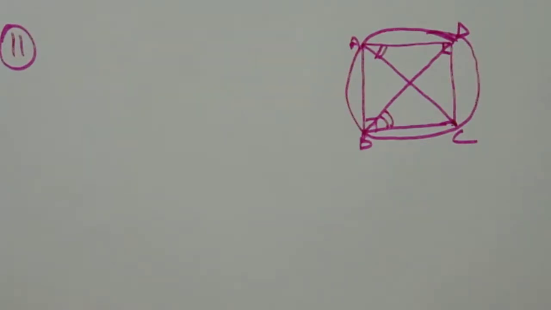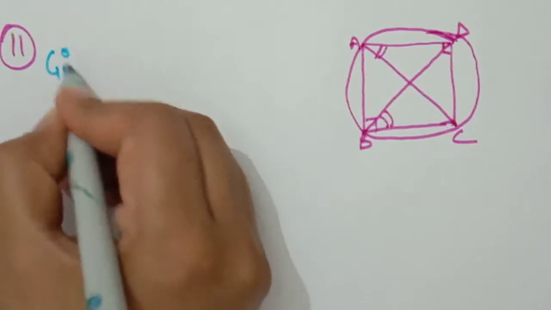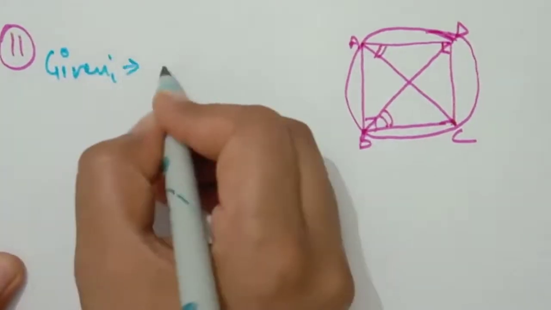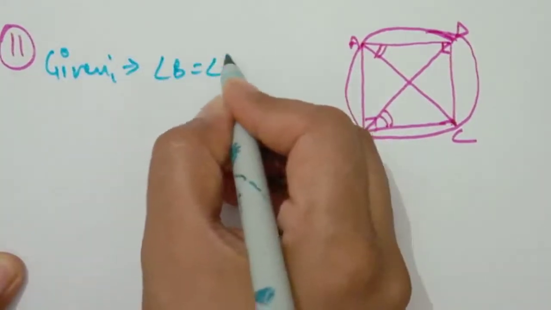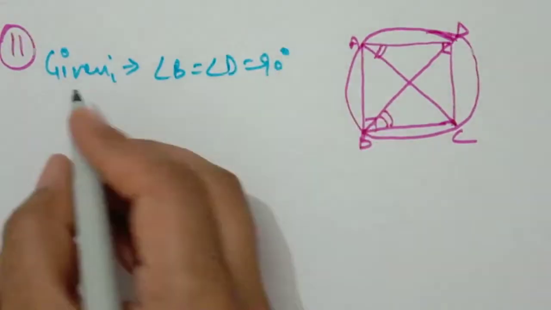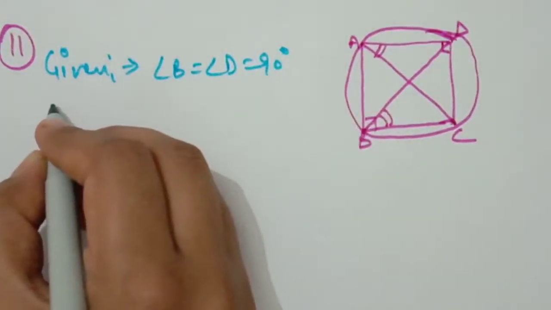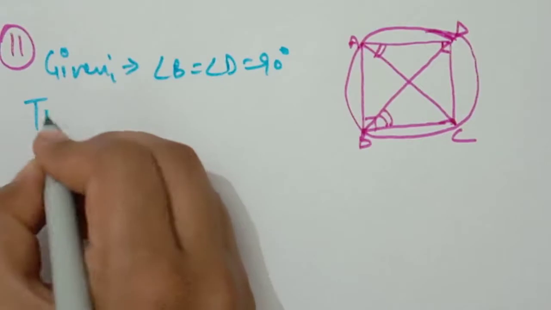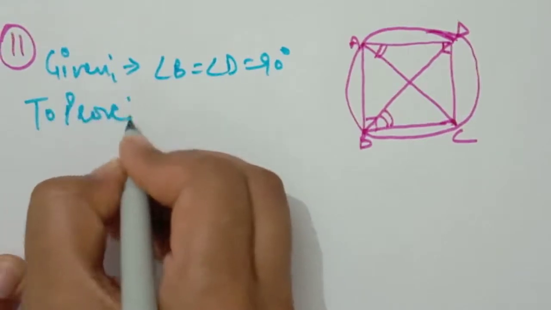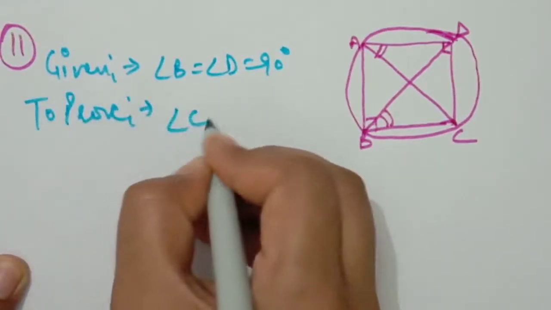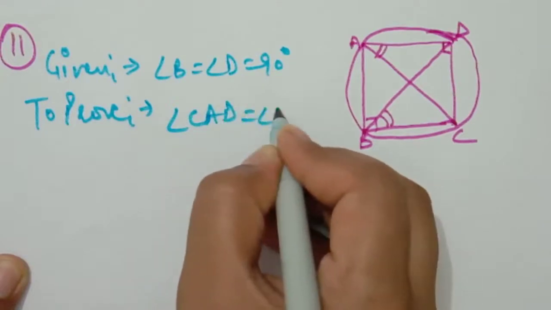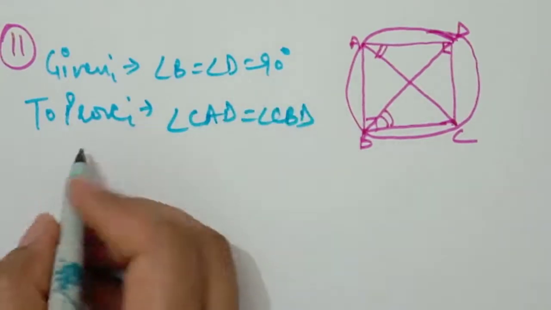So now according to the given condition, angle B and angle D are equal to 90 degrees, and to prove is angle CAD is equal to angle CBD.